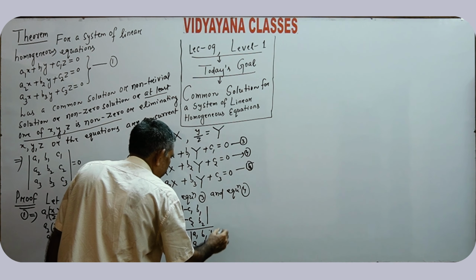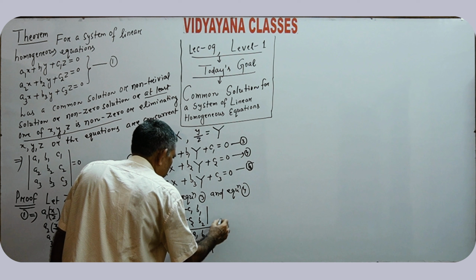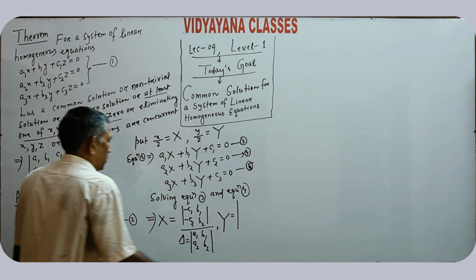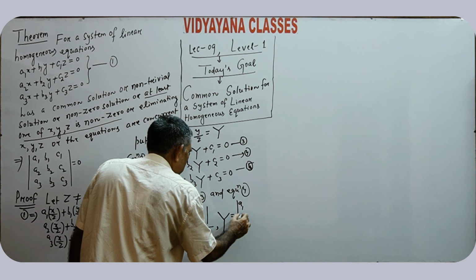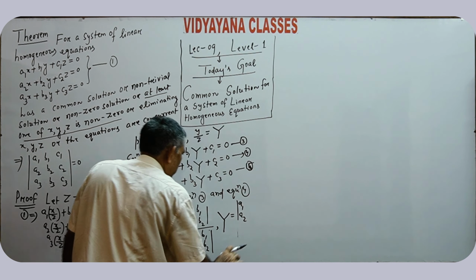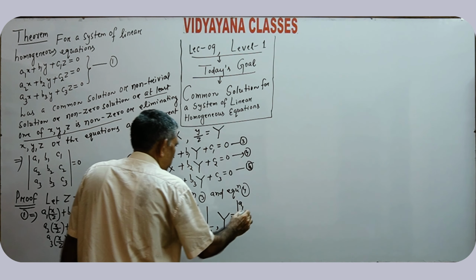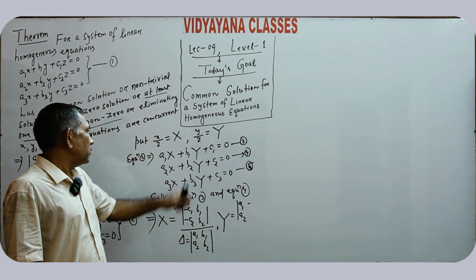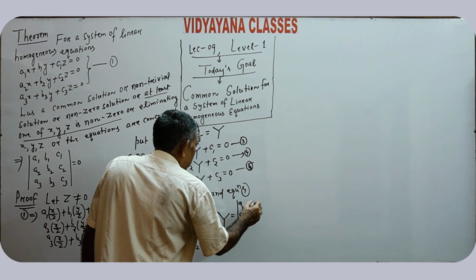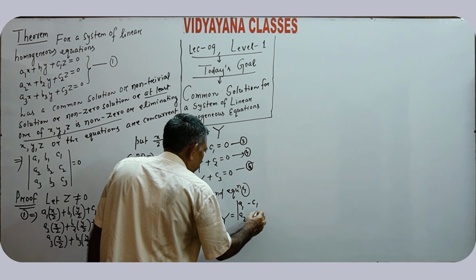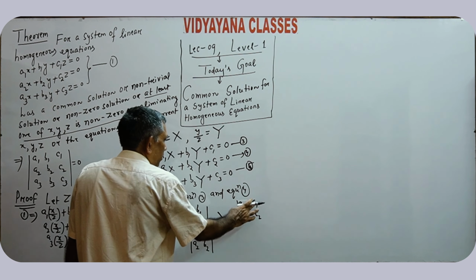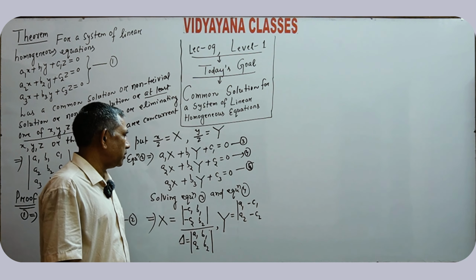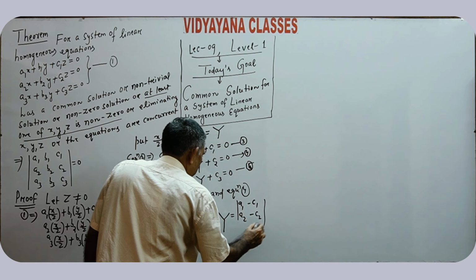Capital Y is equal to determinant with elements A1, A2, minus C1, minus C2, that is D1 and D2, where D1 is minus C1 and D2 is minus C2, whole divided by del.